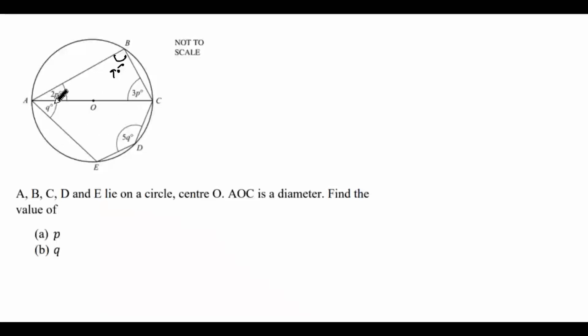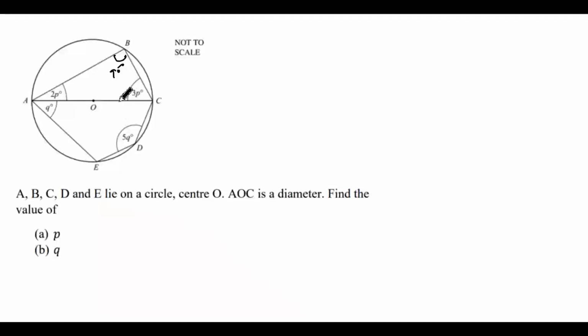That means quadrilateral ACDE is a cyclic quadrilateral. And from there, we have two theorems which we are going to discuss later in this video. But the one I want to apply now is that the opposite angles of any cyclic quadrilateral are supplementary. That is, they add up to 180 degrees. So that is the first step you should take.